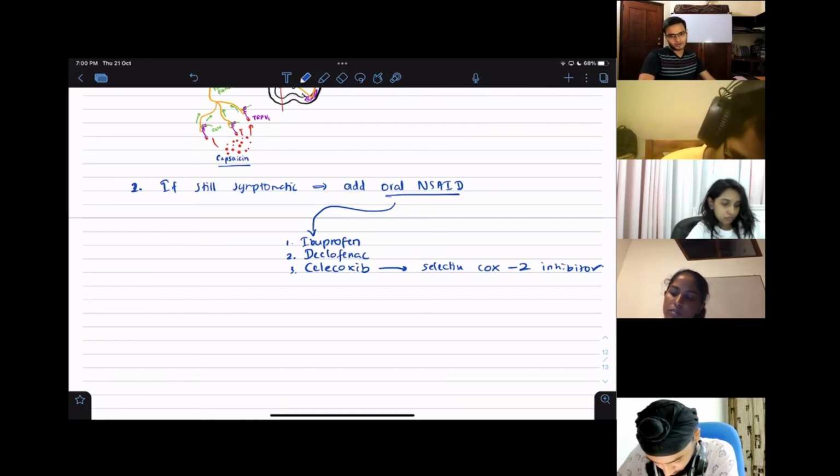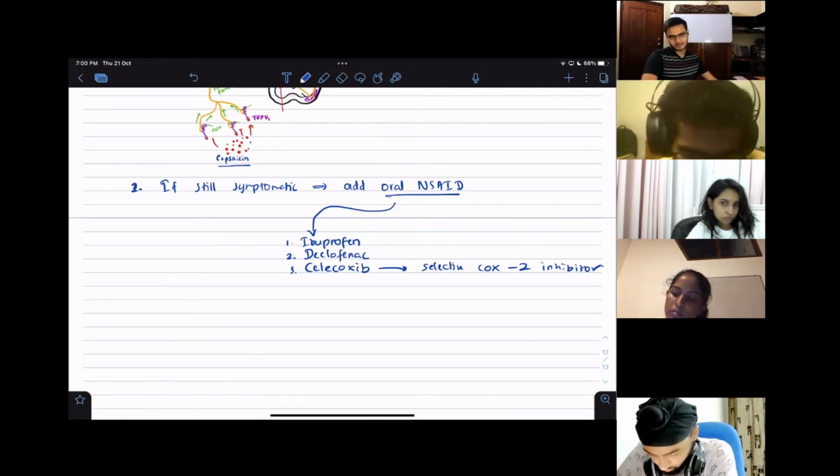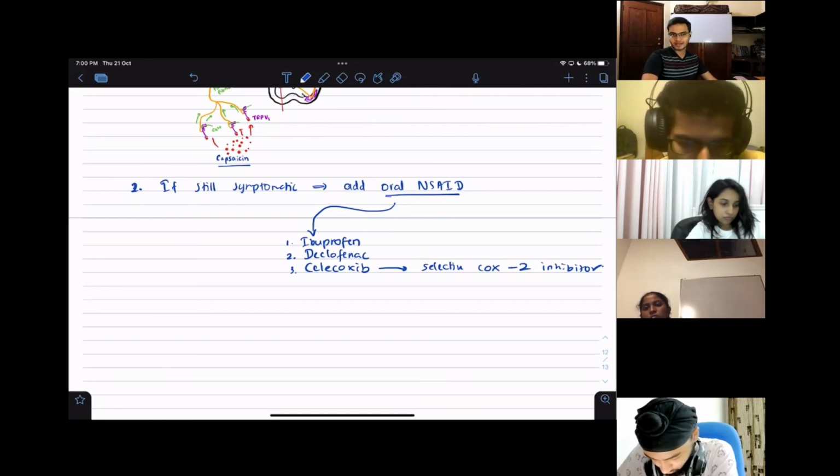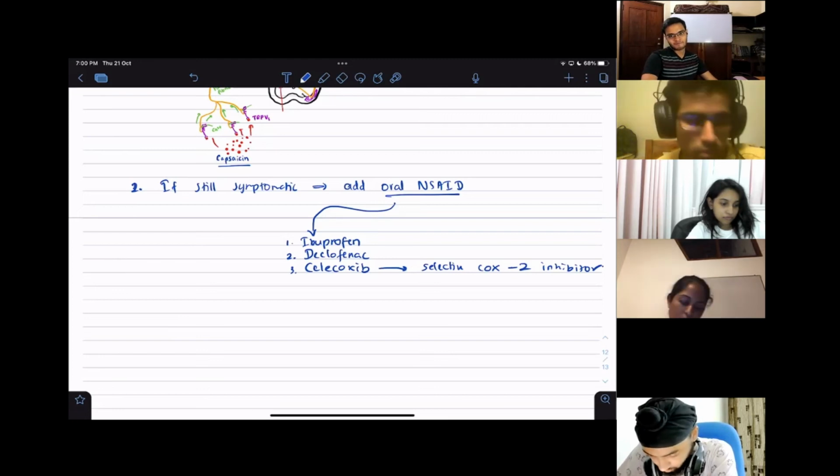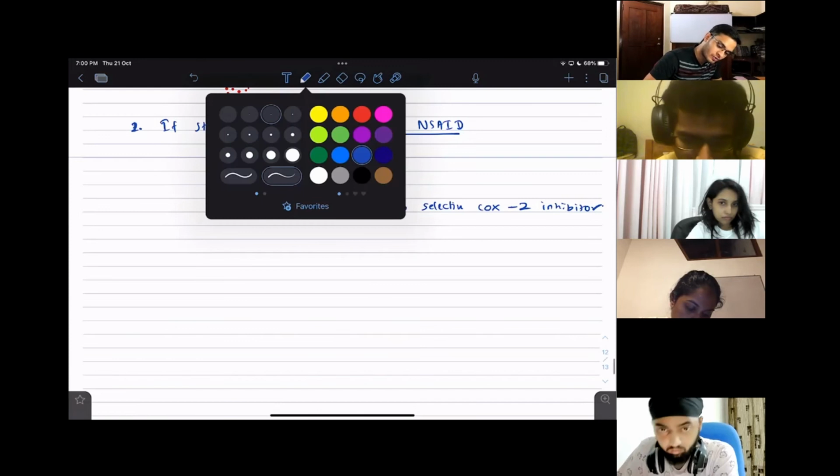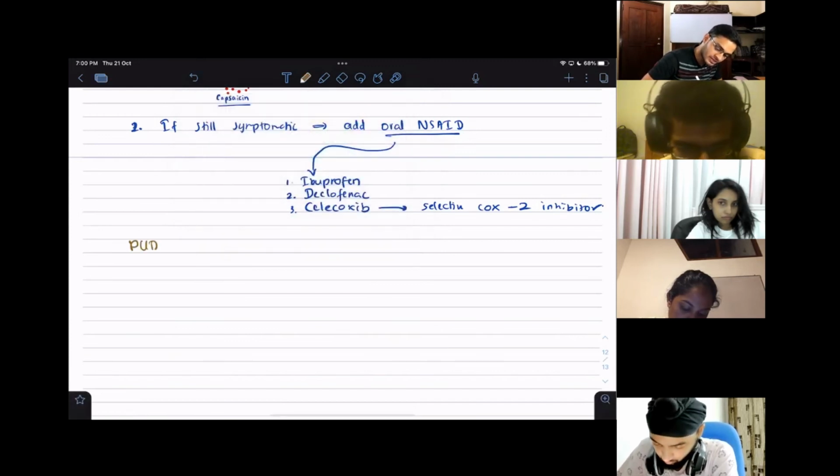Now, what do I want you all to understand here? First thing, guys, with oral NSAIDs, what is the definite risk that you all already know? Peptic ulcer. Yes, one of the most important ones is peptic ulcer disease.